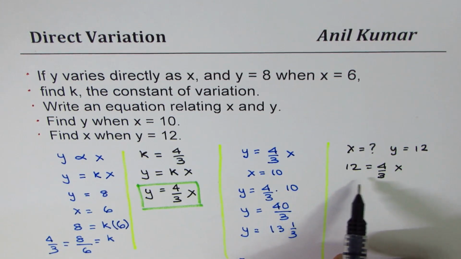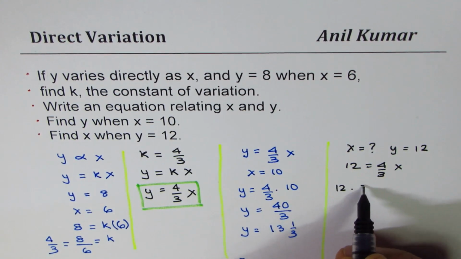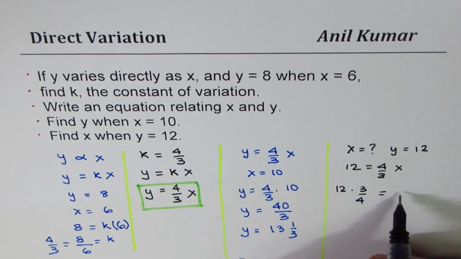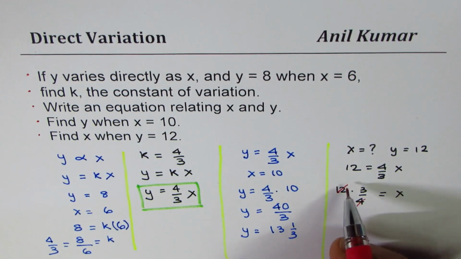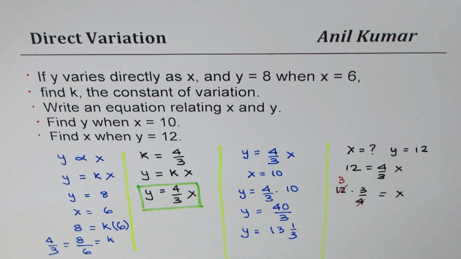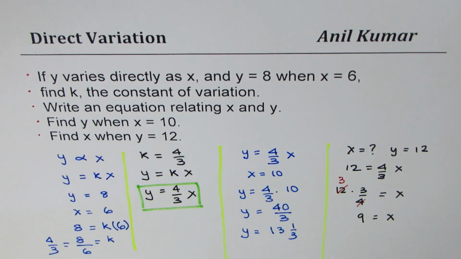To find x, we can multiply both sides by 3 over 4. So we get 12 times 3 over 4 equals x. Now this can be simplified. 4 times 3 is 12. So you get 3 times 3 is 9 equals x. So you get x equals 9 for the last case, right?